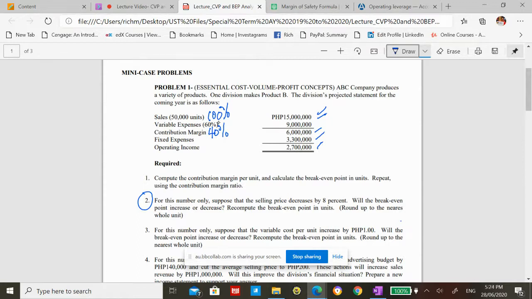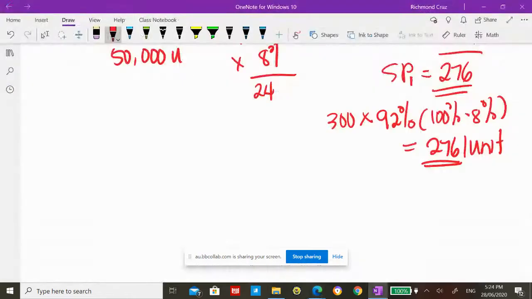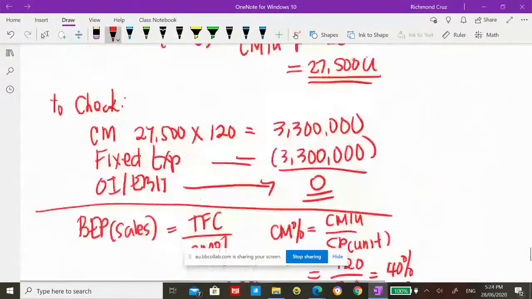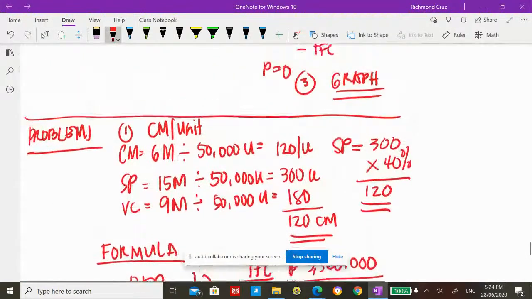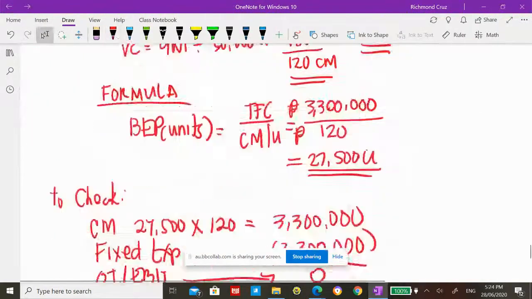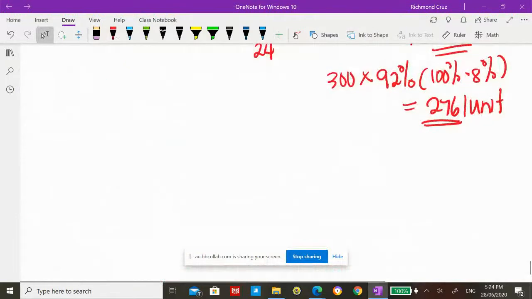So, hindi na siya magiging 60%, kasi doon sa given, 60% yan. So, remember, yung variable cost natin per unit is 180. So, 180 pa din siya unless yung units yung magbago. Hindi naman yung units yung magbabago.